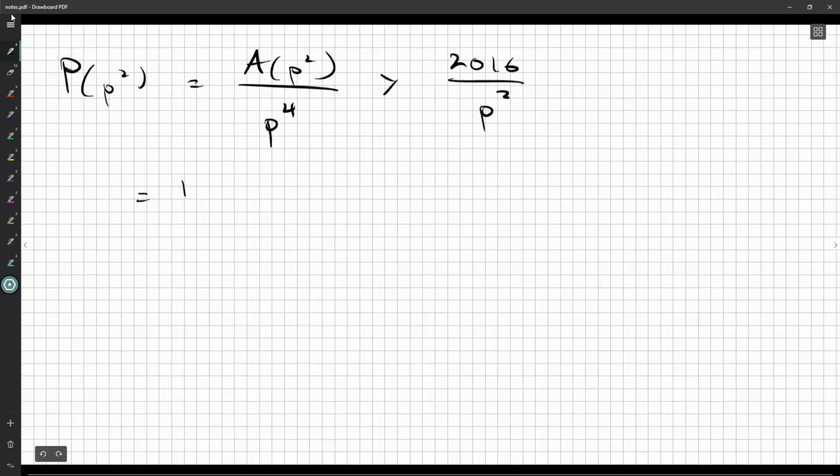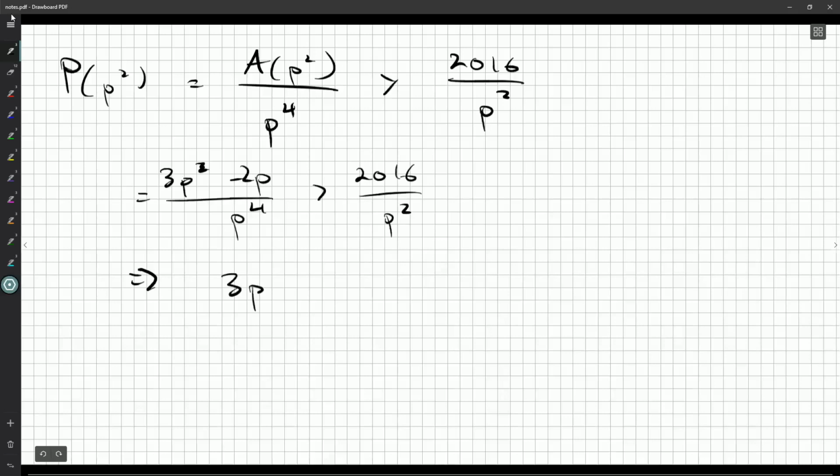So we'd have 3p squared minus 2p, p to the 4, 2016 p squared multiplied by p to the 4 on both sides. So we'll get 3p squared minus 2p has to be greater than 2016 p squared.